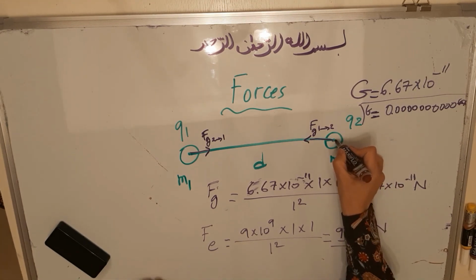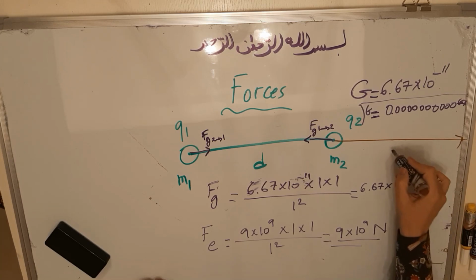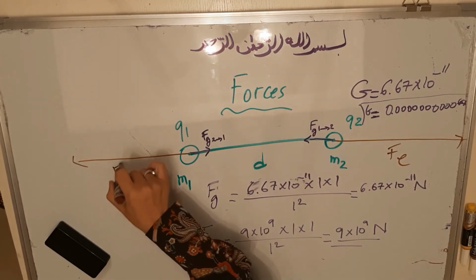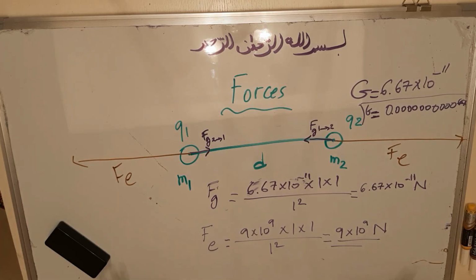This is the electric force. I just need to represent them equal, but you've got the idea. The gravitational force is really meaningless in front of this Coulomb force. Okay, and I'm going to test you on whatever I said today, so be ready.